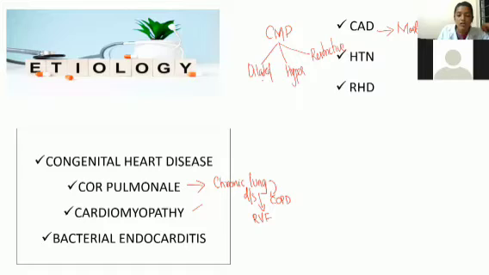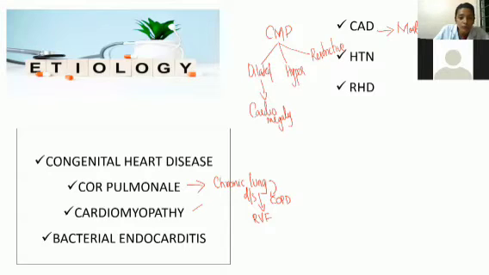In dilated, the size of the heart will increase, that is, cardiomegaly will happen in dilated cardiomyopathy. The walls will be very weak, but enlargement has happened. That is happening in dilated cardiomyopathy.